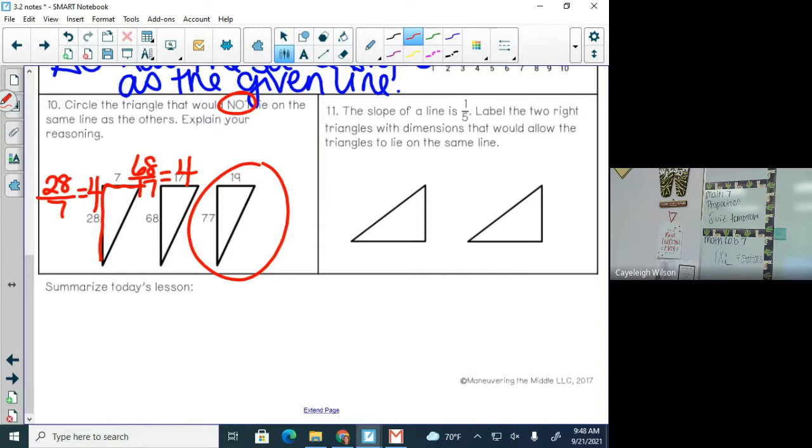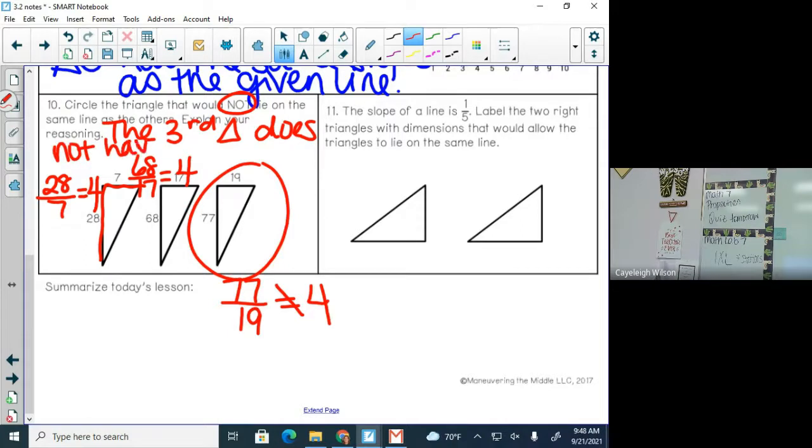So here's one way that you can explain it. You could say that 77 over 19 does not equal 4, so that's one explanation. Or you could write that out in words and say the third triangle does not have a slope of 4. Either way works for your explanation, but you need to write it out.